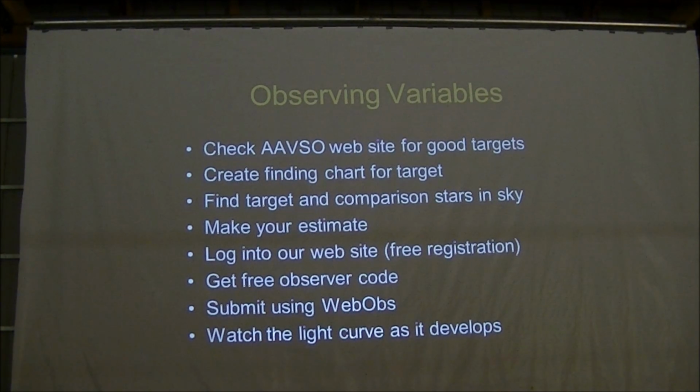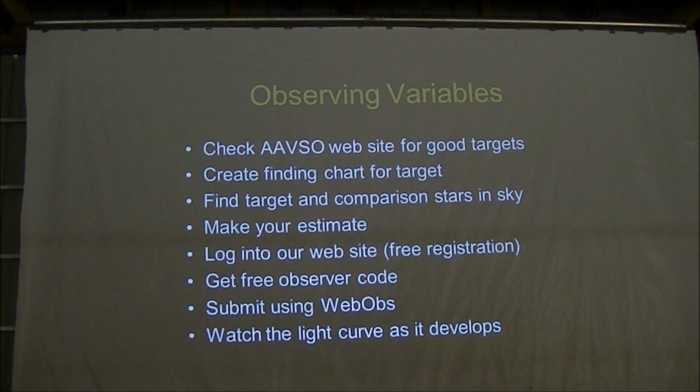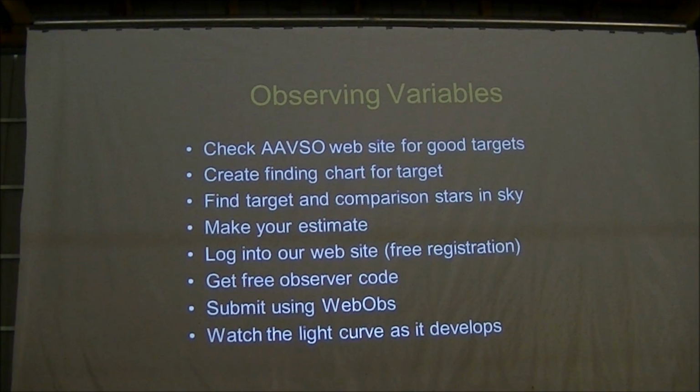Once you decide you have a star that is of interest, it's going to be up in the sky tonight, then what you need to do is to create a finding chart for that object so that you can look through your telescope and find it, or look with your pair of binoculars and be able to star hop and find the appropriate field. Then you need to find the target and local comparison stars. These are stars whose brightness is known, that you're going to compare your target against to find out how bright it is.